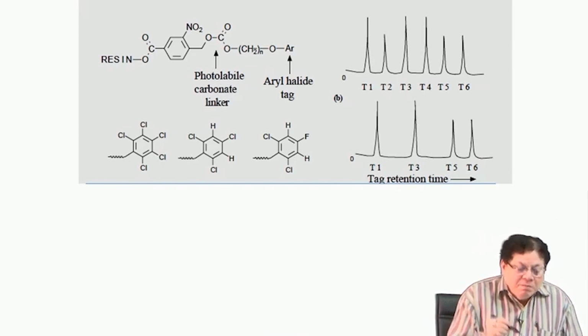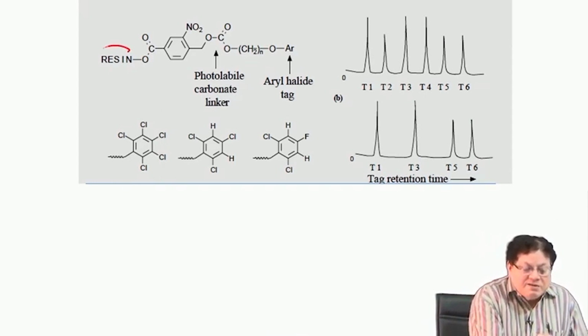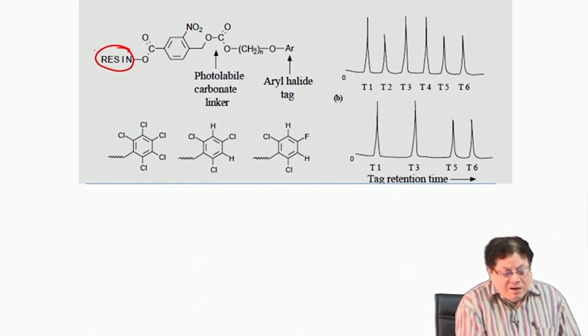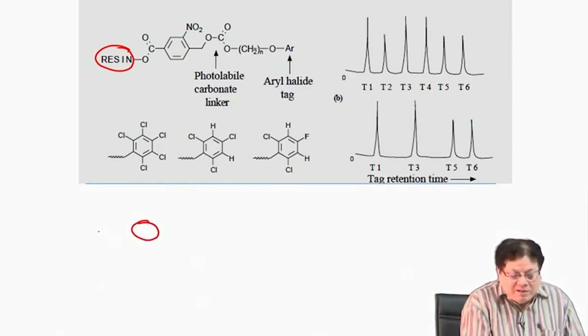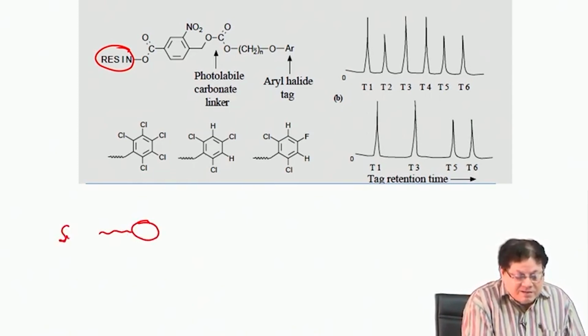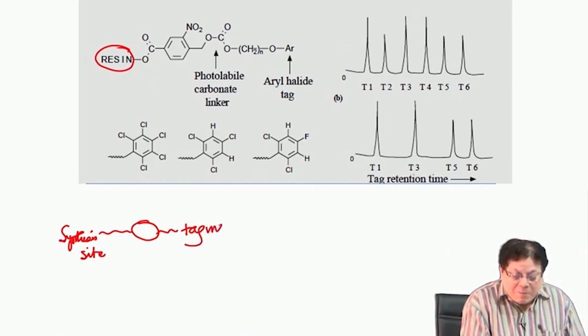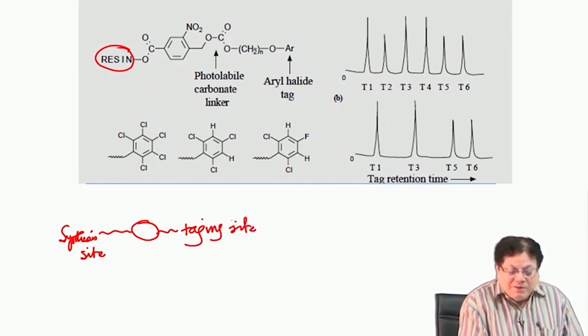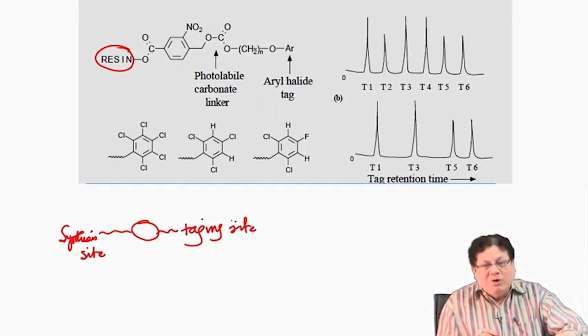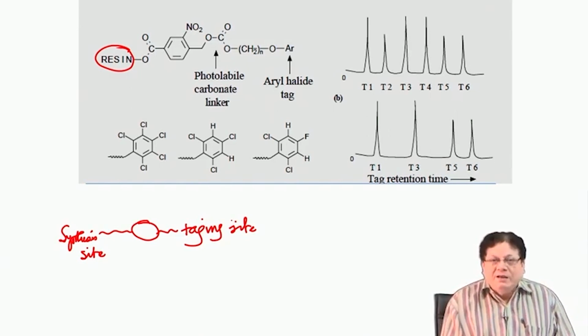In this case, it is the resin bead. On the resin bead, there is a synthesis site where you do the synthesis, and there is a tagging site where you do the tagging. Okay. So, whenever you add one component, you have to add the corresponding tag.